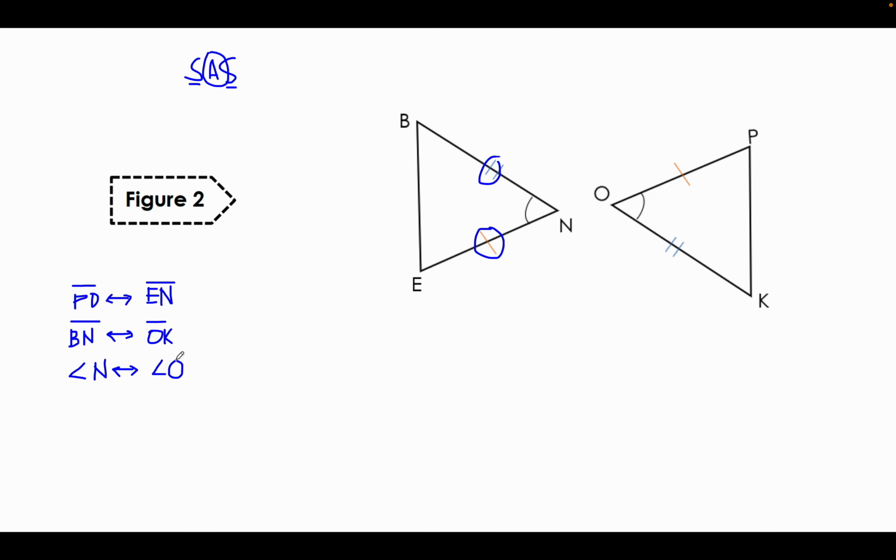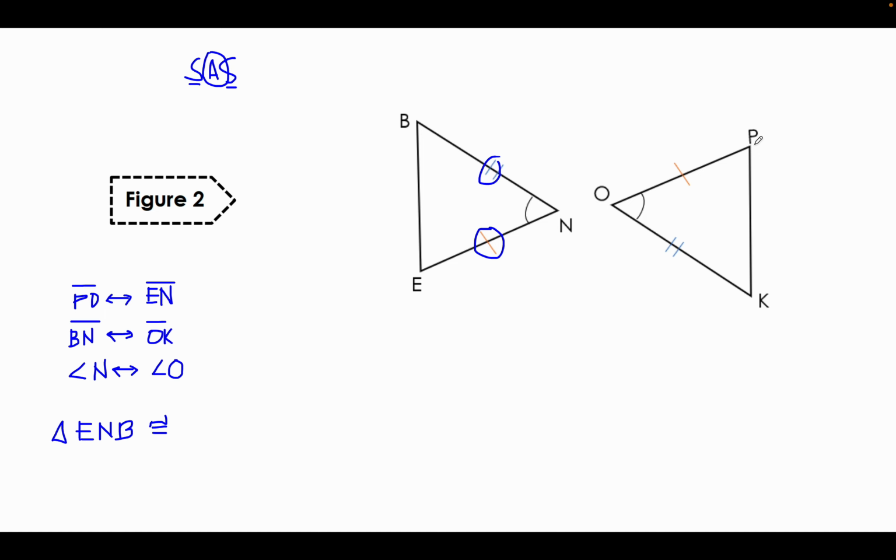Okay, that's it. So we have now two sides of this triangle, and the included angle here corresponds to two sides of this other triangle and its included angle. Therefore, we can now say the triangle E and B is congruent to triangle.